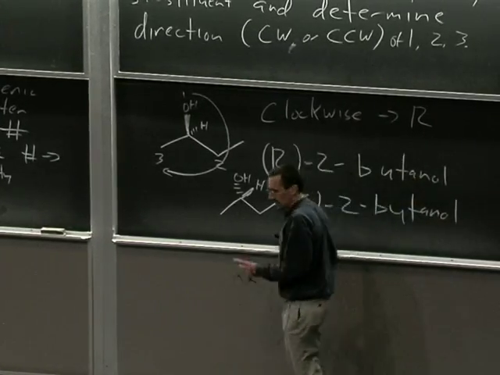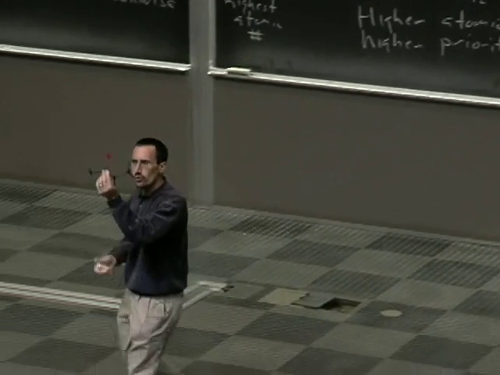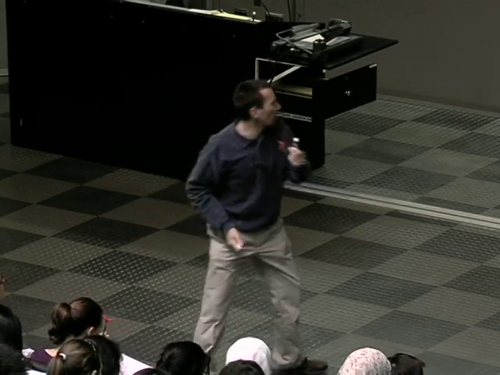Now you can do this a couple of ways. One way is you can simply do the rotation in your head. I'm going to swap them on my plastic models. You can do the rotation in your head and spin the molecule around.